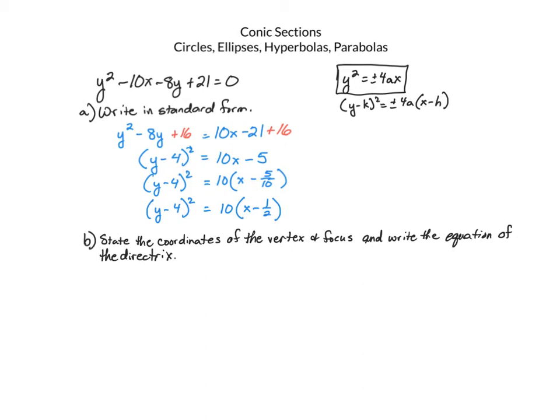So let's start with the vertex. We know the coordinates of the vertex are looking at us right here. The x-coordinate is with this x and the y-coordinate is with the y. So our coordinates of our vertex are (1/2, 4).